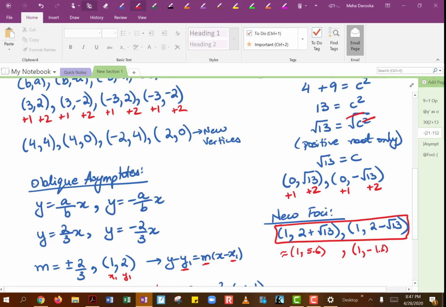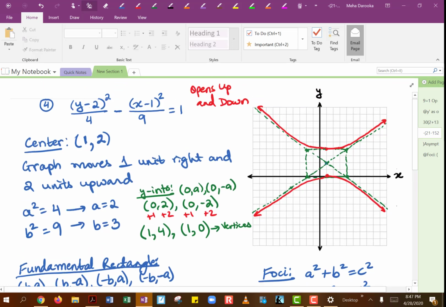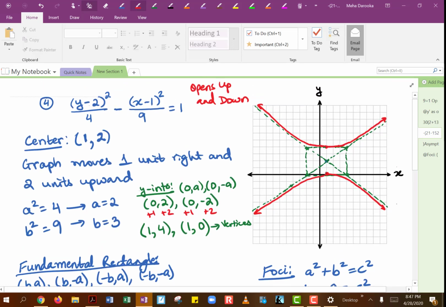So let's go ahead and put these on our graph over here. So positive 1 and 5.6. Let's see, positive 1, 1, 2, 3, 4, 5.6. So somewhere over here, and this would be 1 comma 2 plus square root of 13.